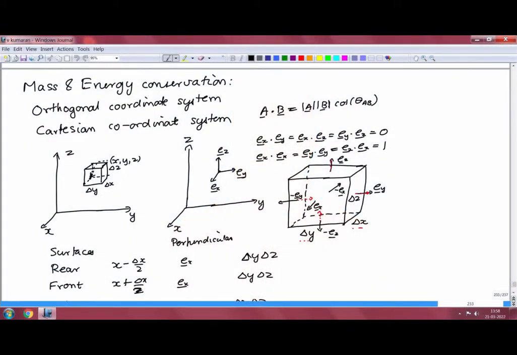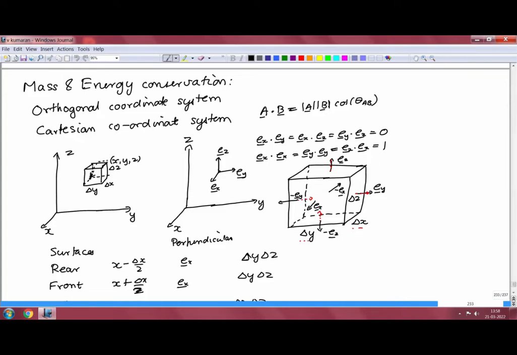In the cylindrical or the spherical coordinate system, we saw that the surfaces of constant r are either cylinders or spherical surfaces. However, at each location in that coordinate system, all the three surfaces were perpendicular to each other. So, this analysis is restricted to coordinate systems where all three surfaces are perpendicular to each other.